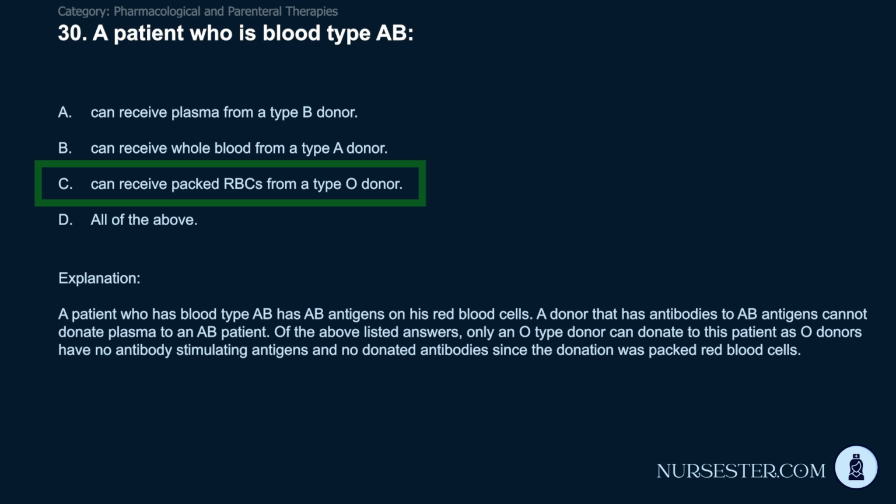A patient who has blood type AB has AB antigens on his red blood cells. A donor that has antibodies to AB antigens cannot donate plasma to an AB patient. Of the above listed answers, only an O-type donor can donate to this patient as O donors have no antibody-stimulating antigens and no donated antibodies since the donation was packed red blood cells.